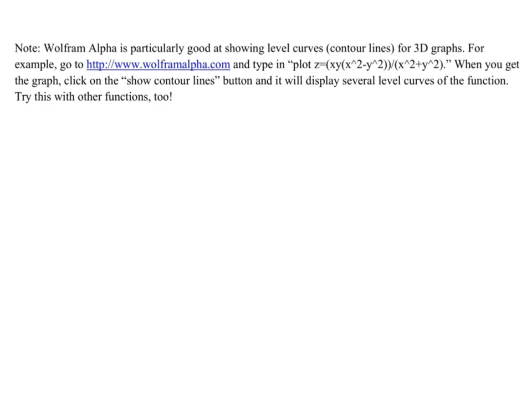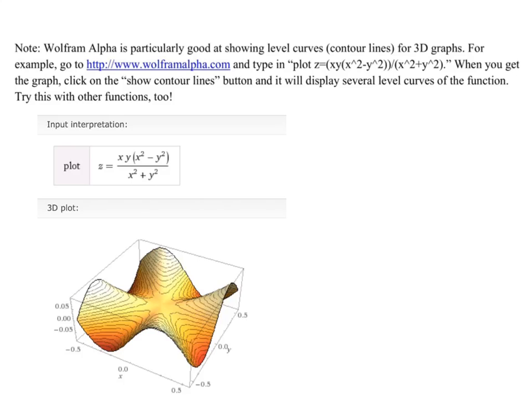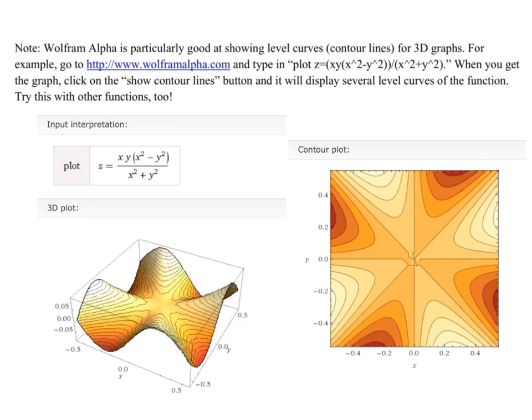Okay, hopefully you've tried out wolframalpha.com now. And this is what you should have gotten when you put in the input z equals xy times the quantity x squared minus y squared, over the quantity x squared plus y squared. And contour plots will look like this.